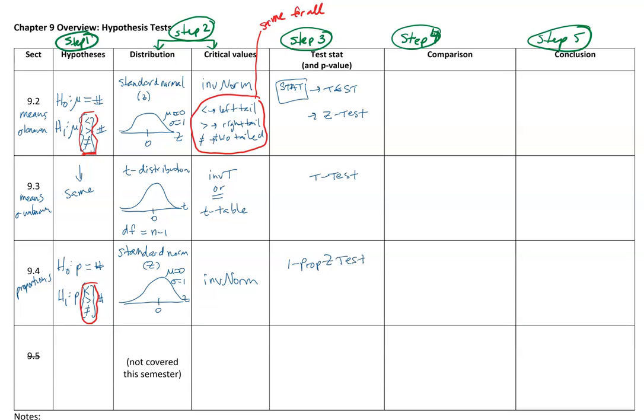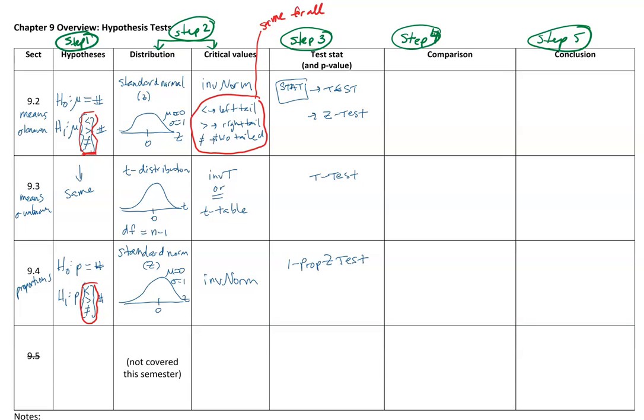In the individual sections, you'll notice I did give you a formula for the test statistic, and you are welcome to use that. But if you have enough information to use the formula, then you have enough information to use the calculator. And it's such a time saver to use the calculator and less room for error. So I'll encourage you to do that. But if you'd like to use those formulas, they are there for you.